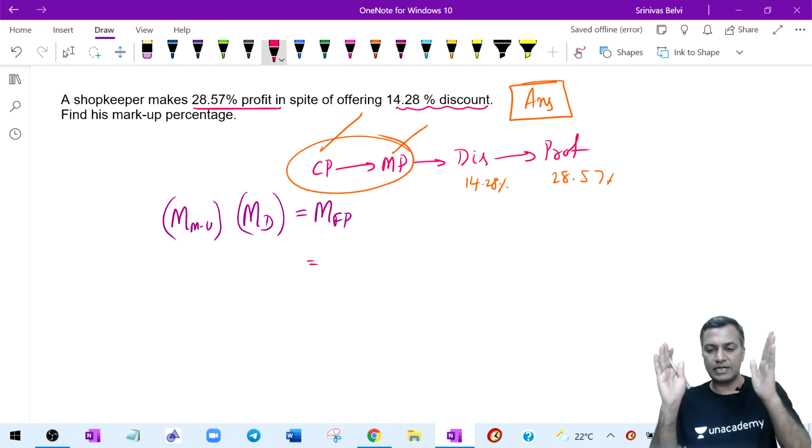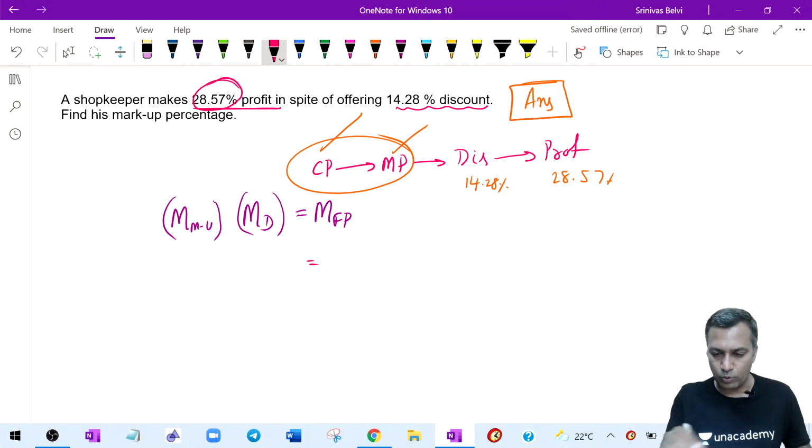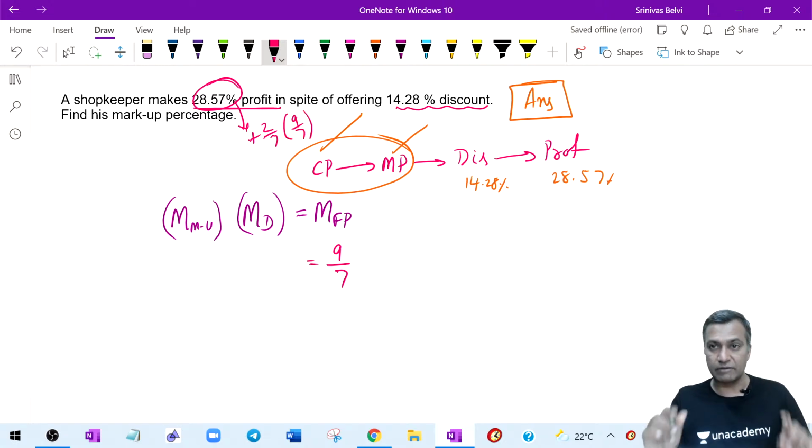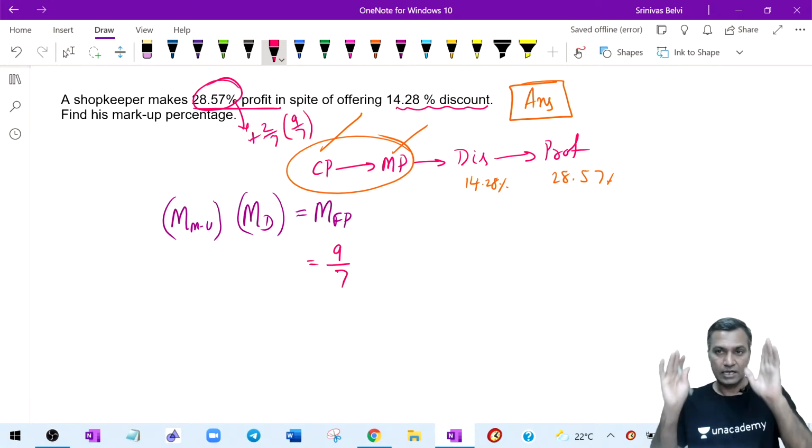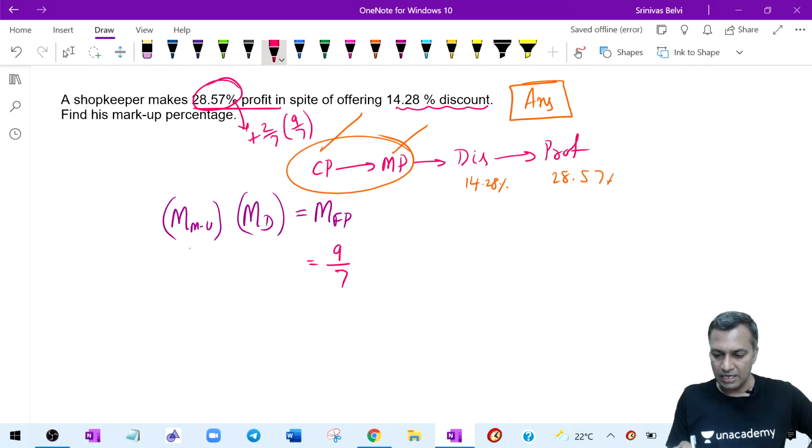The multiplier related with the final profit is 28.57%, which is nothing but 9 divided by 7, because 28.57% is plus 2 by 7. The multiplier would become 9 by 7. Multiplier related with markup means mark price divided by cost price.